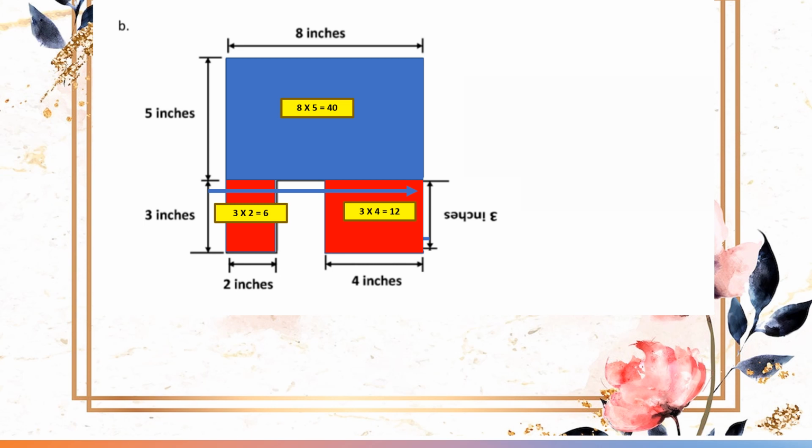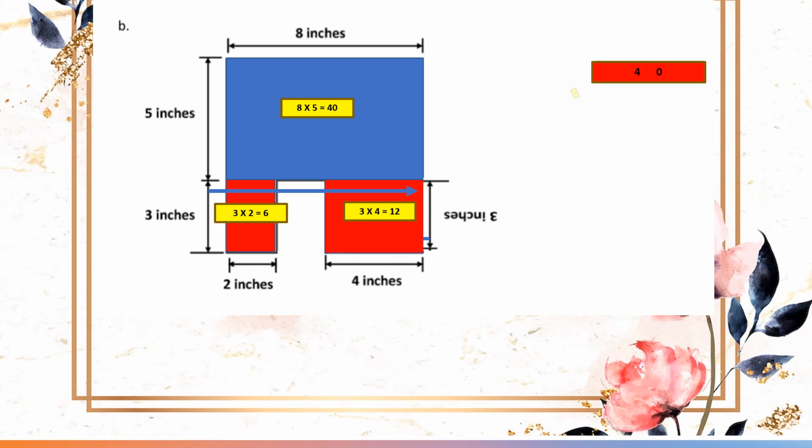So now it's like, okay, we have 3 areas, and we have to put them together to get the total area of this figure. So we have to add 40 plus 12 plus 6. I like to add the bigger numbers first. So let's line our numbers up vertically so that we can go ahead and add.